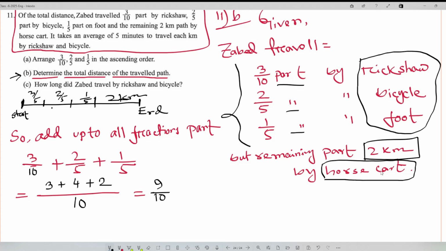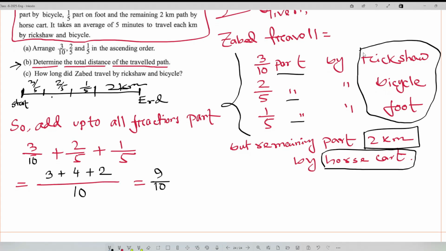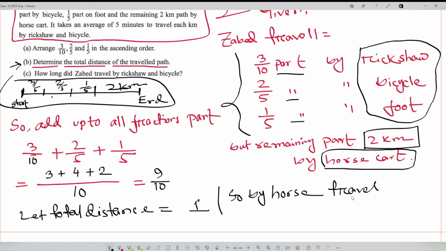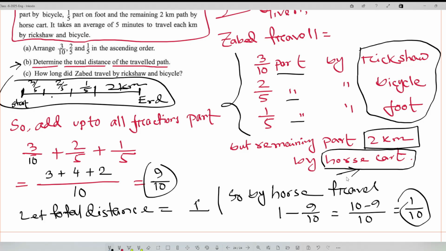So what is the remaining part? It means horse cart. Let the total distance equal 1. So by horse cart, 1 minus 9/10: the LCM is 10, so 10 minus 9 equals 1/10. This is 1/10 traveled by horse cart.